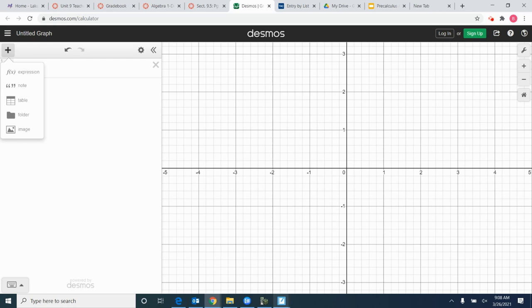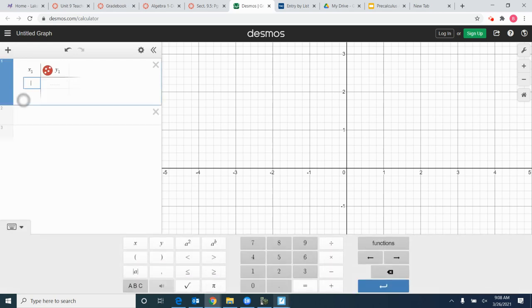Okay, 2 seconds. Now, what does the question say? It says, use a table to determine the solutions of the related quadratic equation. It's telling us that there's a parabola that goes through those points. So if I hit table, under x1, I want it to be -1. Under y1, I want it to be 1.